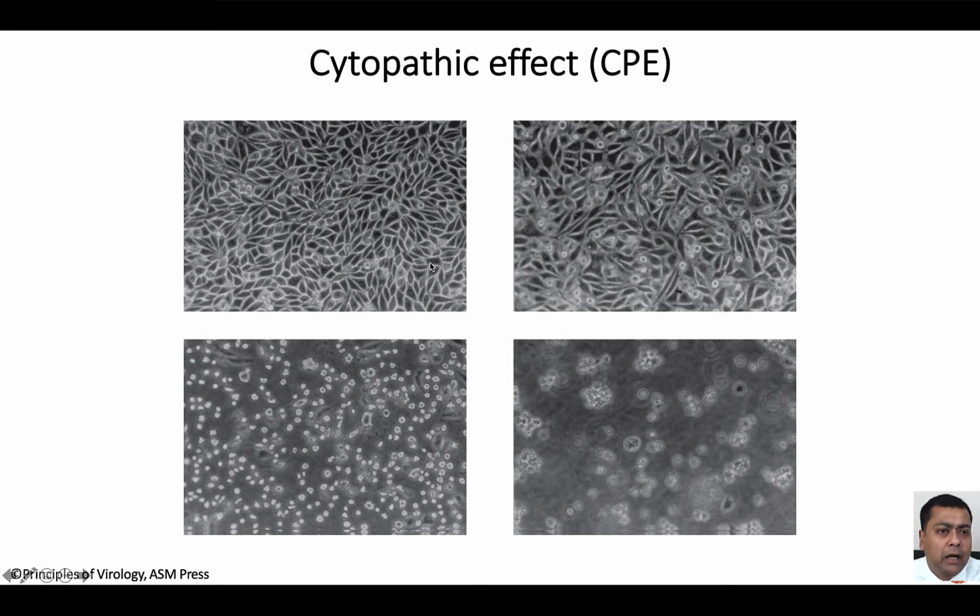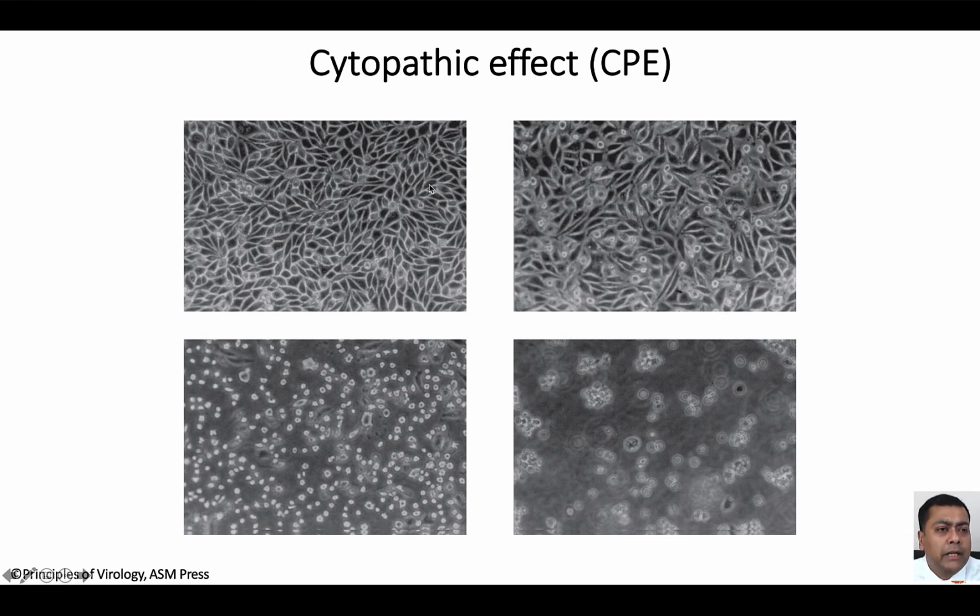Some of the cells are rounding up more and more, producing round refractile cells, and they are gradually dying.